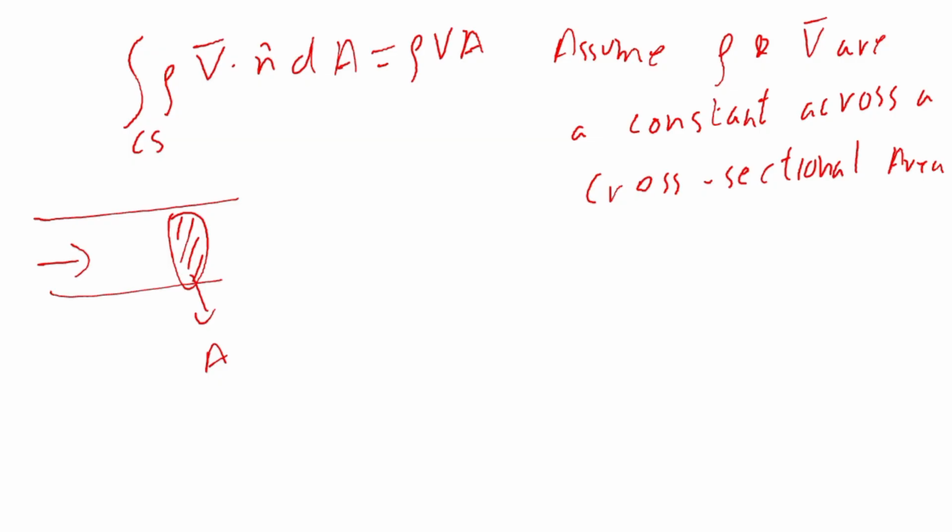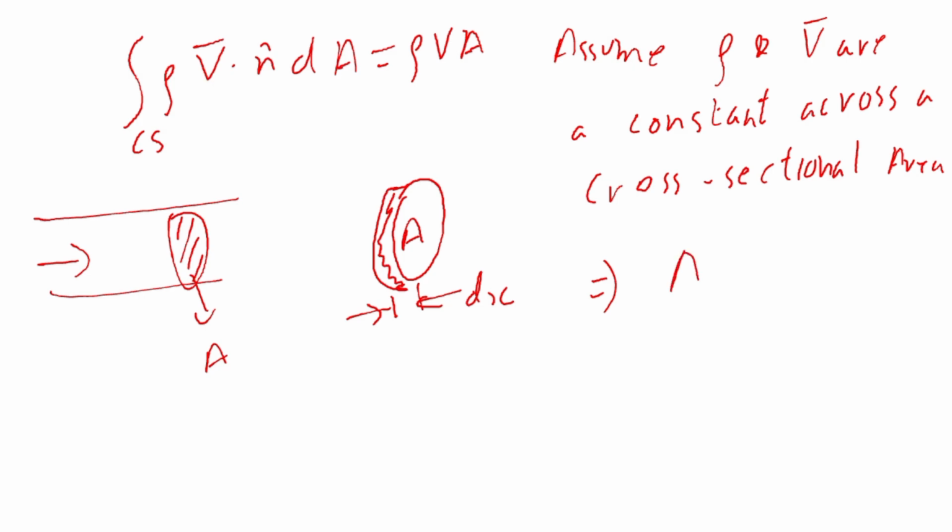Let's look at it slightly differently. If you had this cross section over here and let's say it had a certain thickness, so you're looking at this cross-sectional area with an infinitesimal thickness given by dx, and the area of this cross section is A. So what is A times dx?